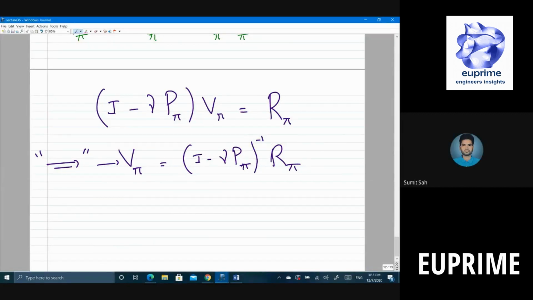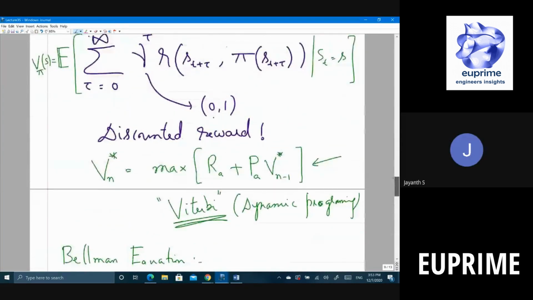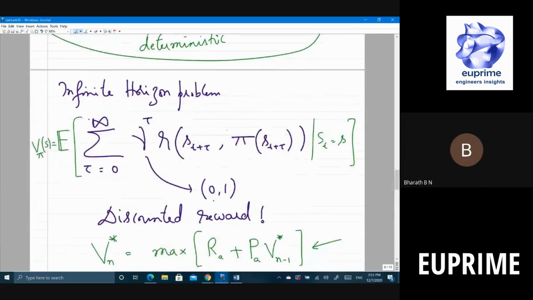Sir, this would be a very high value, no, sir? Why? V pi is always bounded, sir. Yes, right. So that's what we saw. For example, if the reward is bounded by, let's say, 10, you cannot earn anything more than 10.